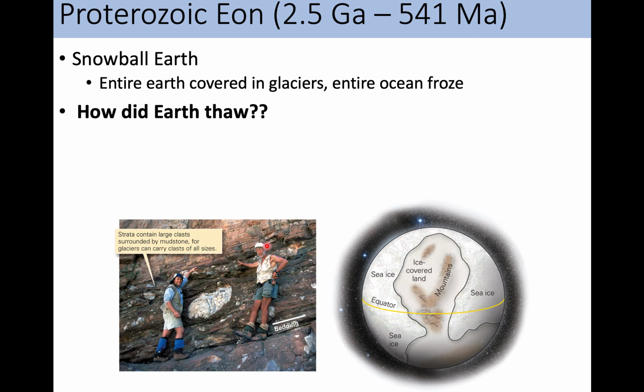So we know that glaciers were present because this boulder had to be moved in order for it to be an inclusion. We know that this boulder existed before this other rock. So this boulder came from somewhere and was placed as this secondary layer was being formed. So there's evidence of this snowball Earth all over the globe, which is very, very cool.